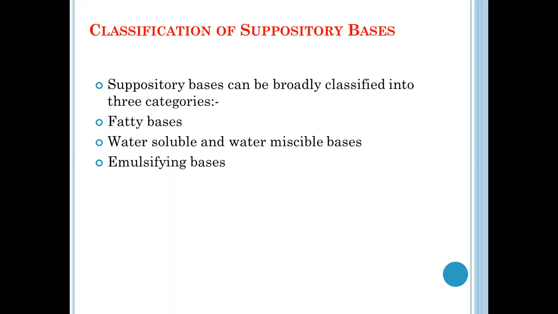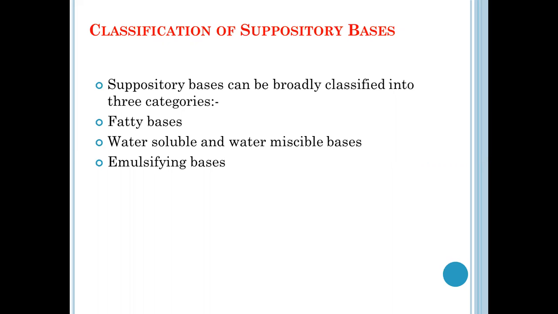If ear cones are prepared with theobroma oil and inserted into the ear, and they do not dissolve there, will we get their action? No, ma'am. So the base we use while preparing suppositories should melt at a temperature of 30 to 35 degrees Celsius, that is, at body temperature. So theobroma oil is to be used.